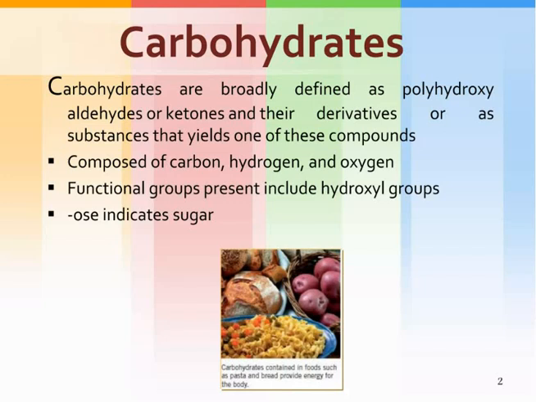If you see the formula of any carbohydrate, you will find carbon, hydrogen, and oxygen. And functional groups present include the hydroxyl group. OSE indicates sugar.